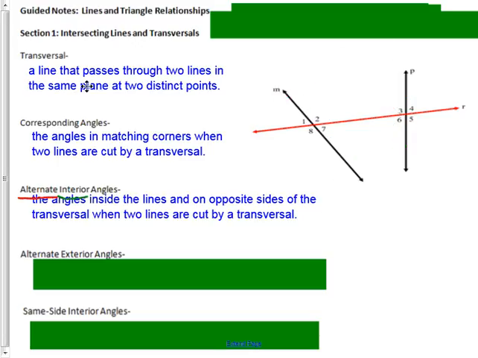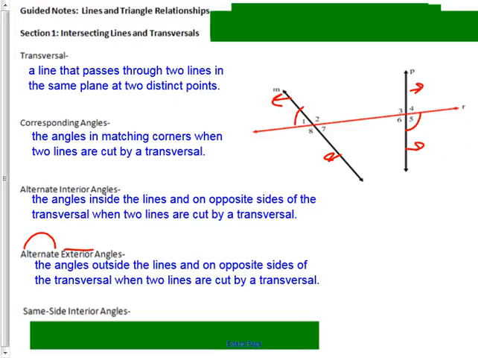So if we use those definitions or those cues, for alternate exterior, the exterior part means that they need to be outside of these lines. The alternate part means that they need to be on opposite sides. So we might say 1 and 5.